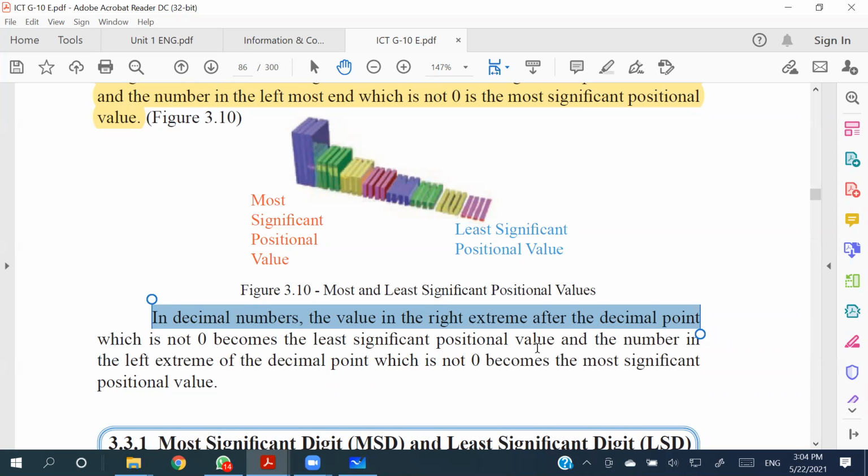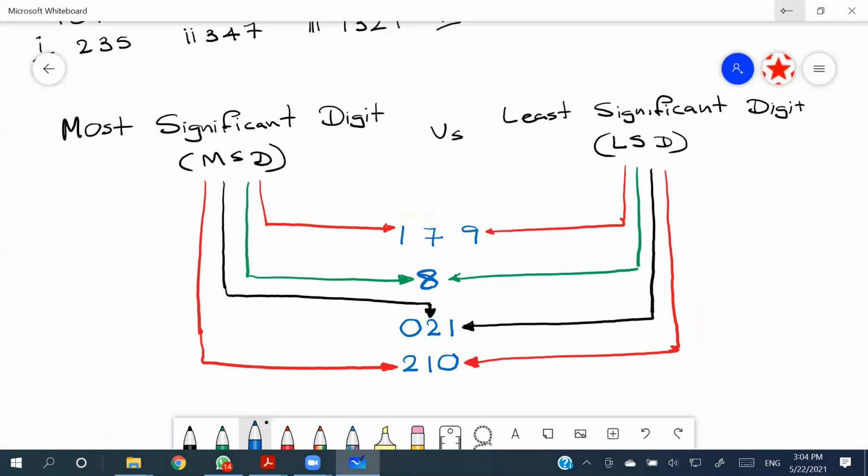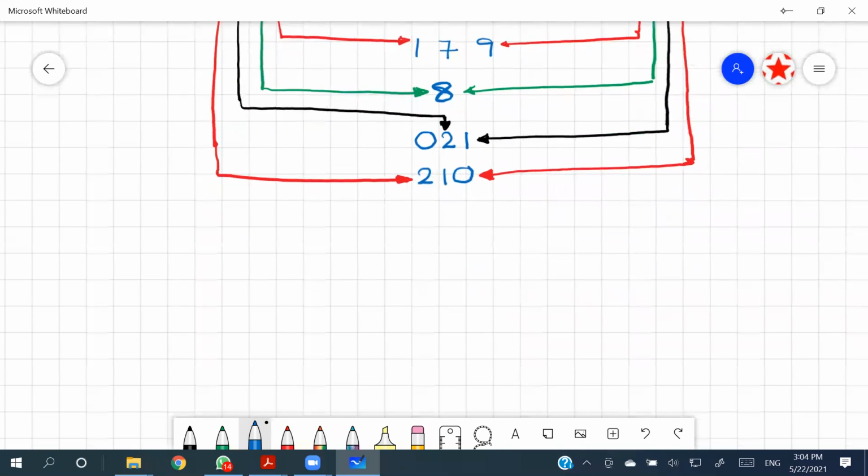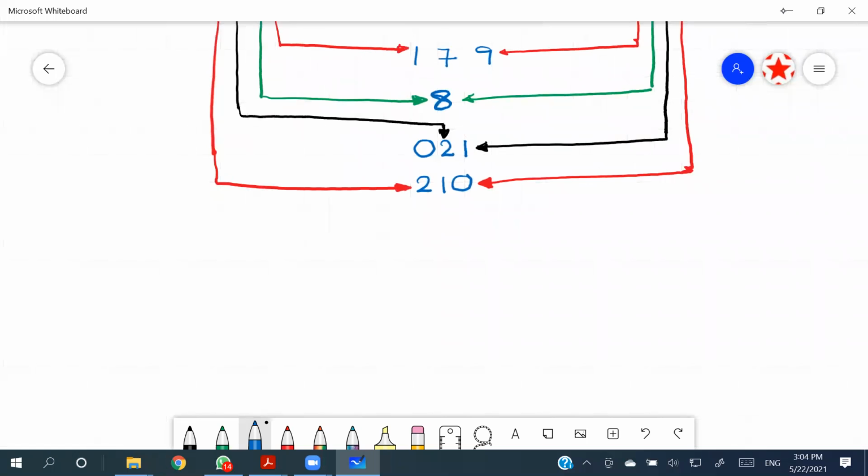Now, it sounds like something very similar, but there is a difference, right? Now, if I take a decimal value or a floating point value, right?